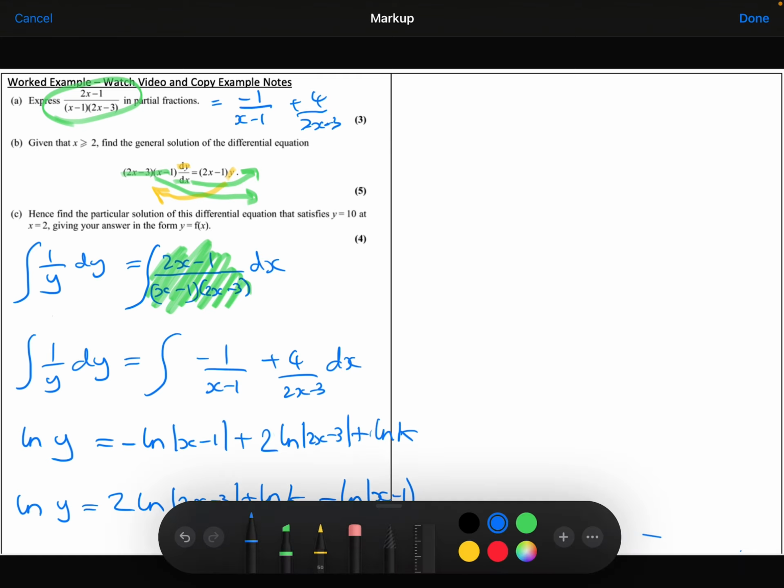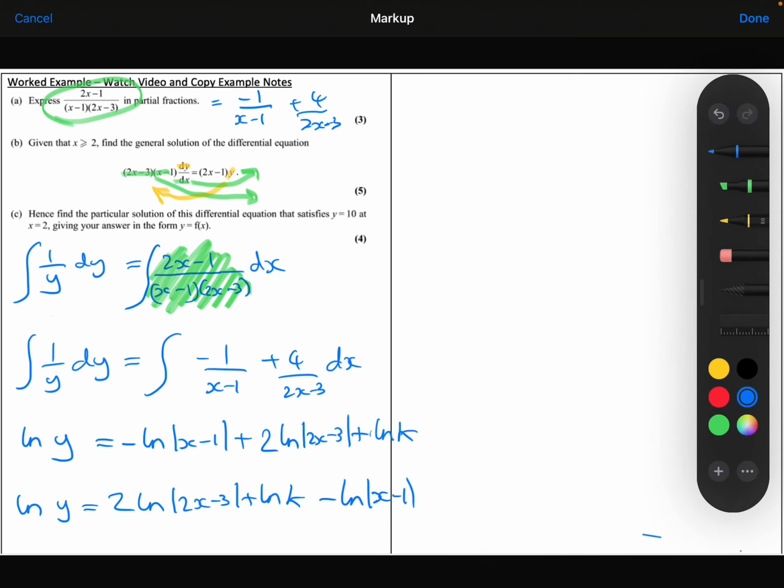To help me do that, I'm going to take this 2, write it as a power there, so they all have the same coefficient. They've all now got a coefficient of 1, which means I can use the laws of logarithms to bring them together.